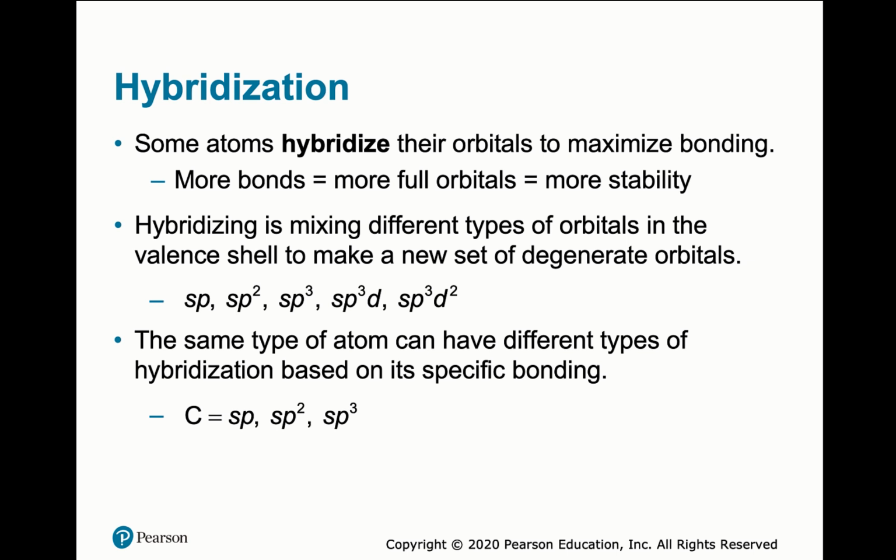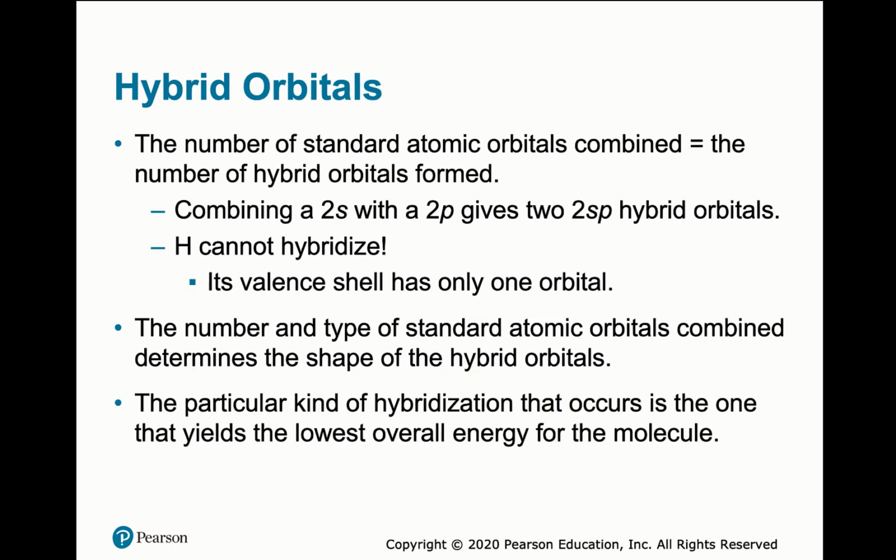And so in period 1, hydrogen can't hybridize. Period 2, carbon is in period 2. These can be sp, sp2, and sp3. And only if there's empty d orbitals, and that's period 3 and beyond, can you go to bipyramidal or octahedral geometry.